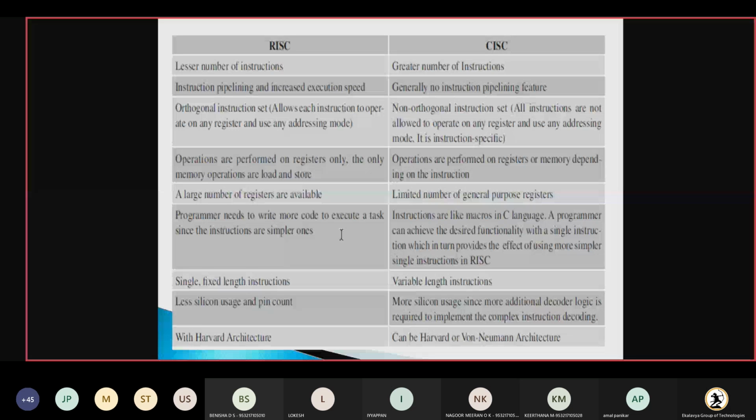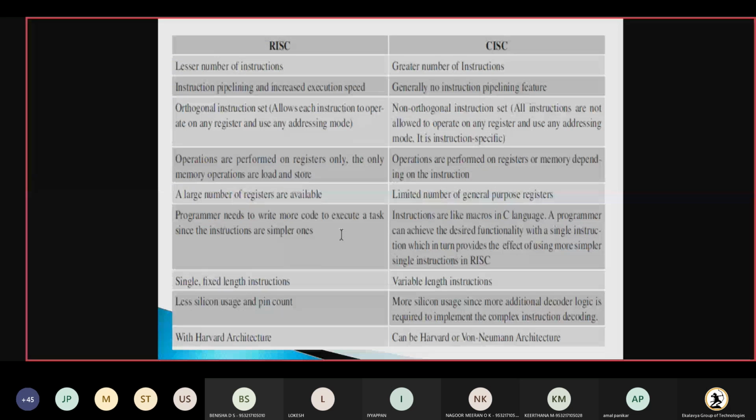Whether these operands are a register or direct data, that type is told by using this addressing mode.